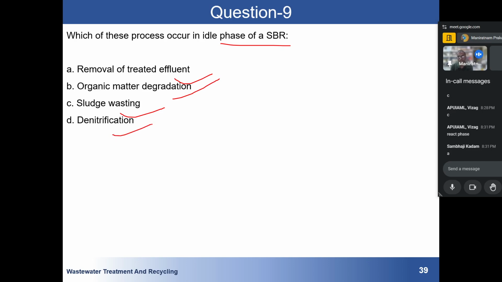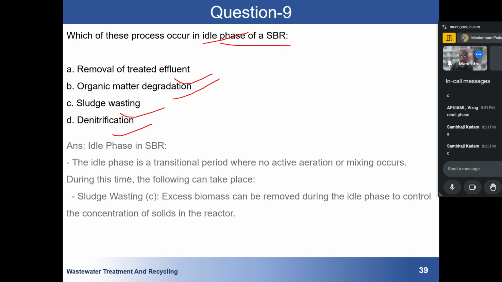Then you will be able to answer which phase is the idle phase. We have got one answer, C.